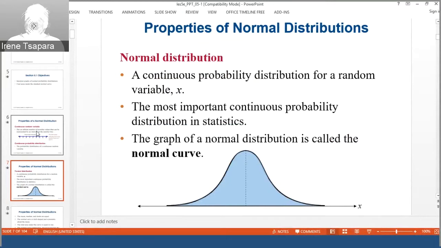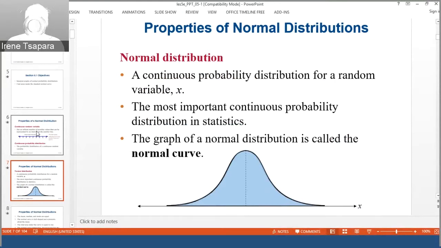So instead of doing that by hand, especially when they had a big data set, they preferred to use the normal distribution in order to calculate the probabilities, because of the fact that the variable is continuous, they were able to calculate this using calculus, calculating just one integral in order to find the area that corresponds to the probabilities. That was the second reason why it was extremely important.